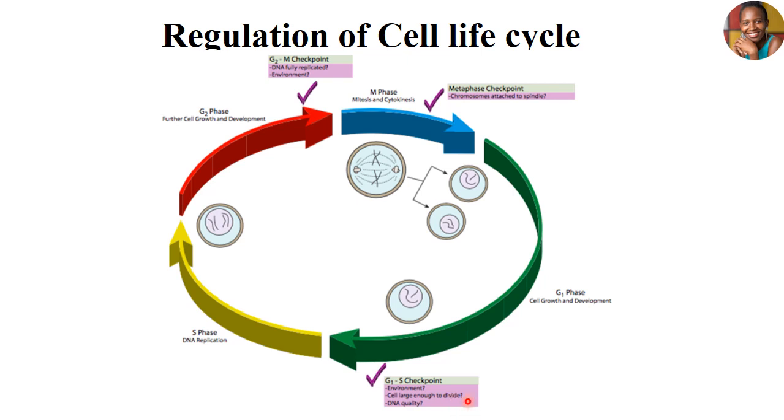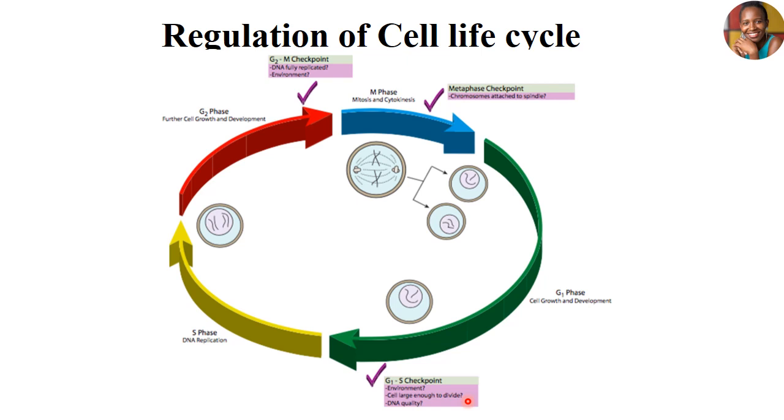And the other bit is the DNA quality or quantity. Is it in its required amount? Is it in the required components? Or is there some damaged DNA material that will cause a mutation and damage this cell? So once this has been confirmed, then the cell can progress further to the next phases. So between G1 and the S phase, this checkpoint checks for three things: environment, cell size, and the DNA qualities or characteristics.